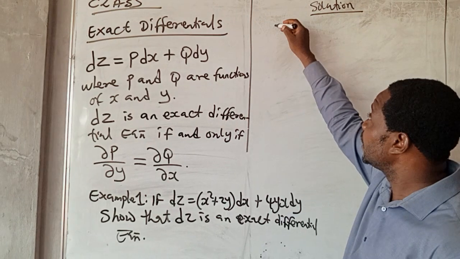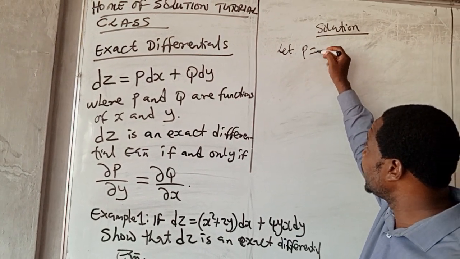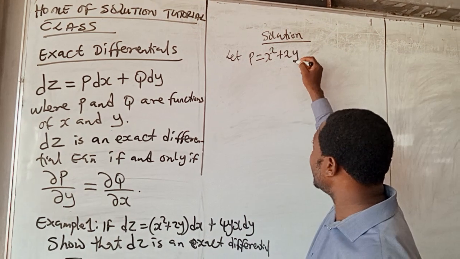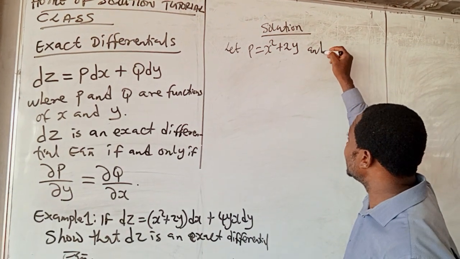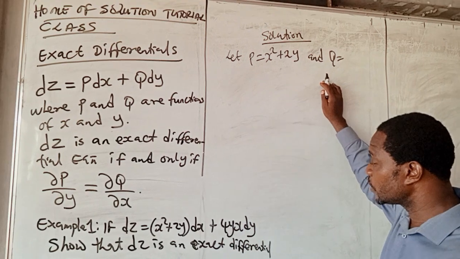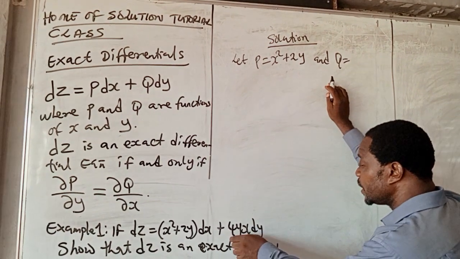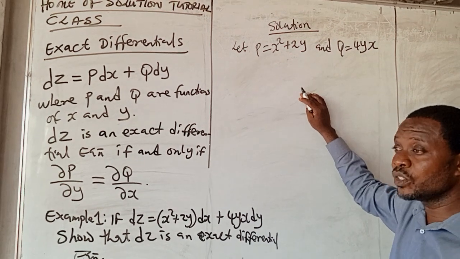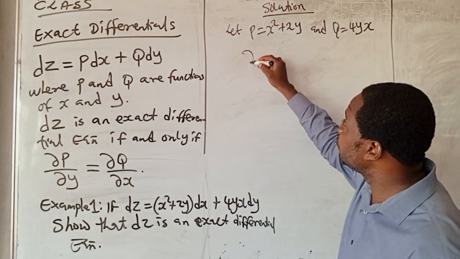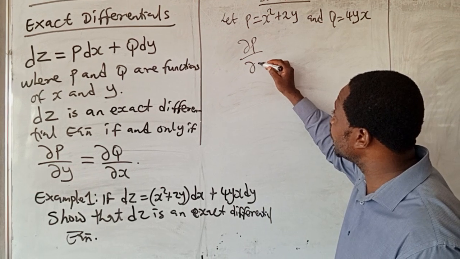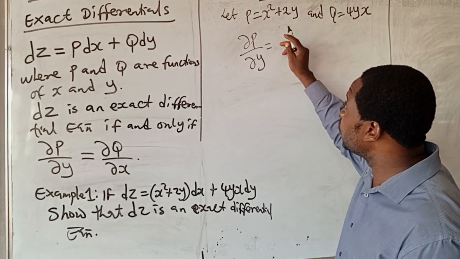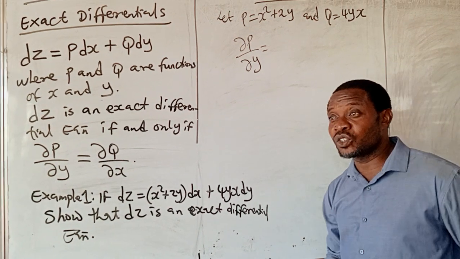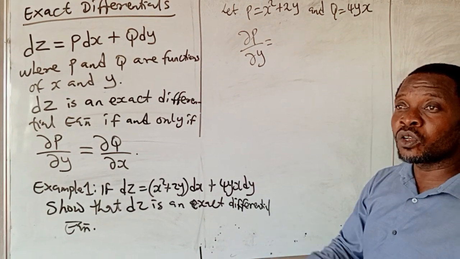So you say, let our p be x squared plus 2y, and our q be the coefficient of dy, which is 4yx. So according to the instruction, you differentiate p partially with respect to y.